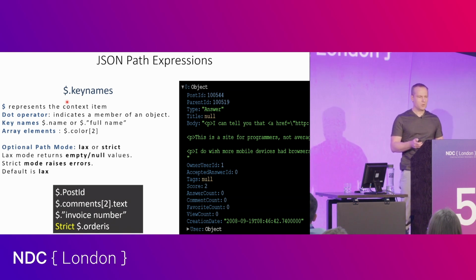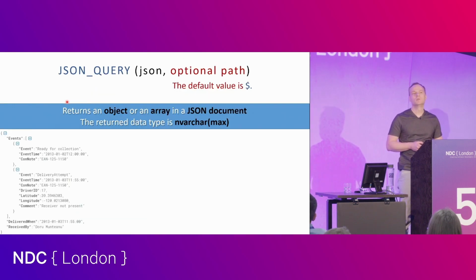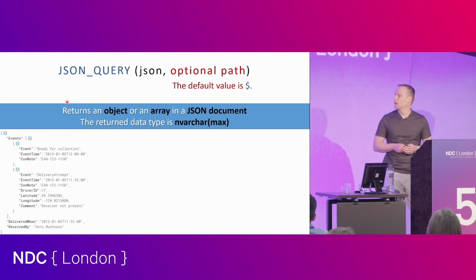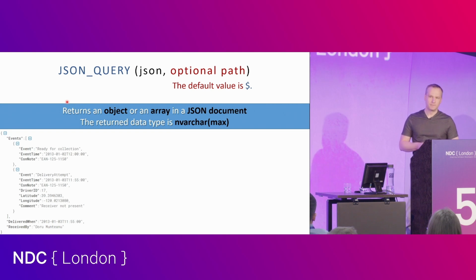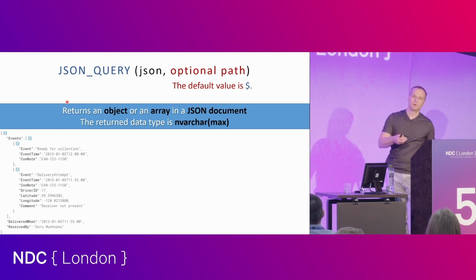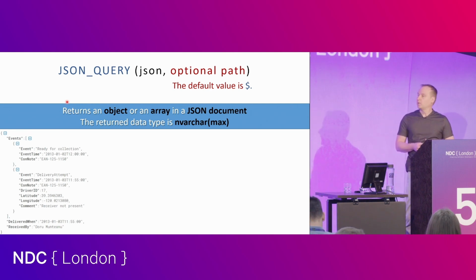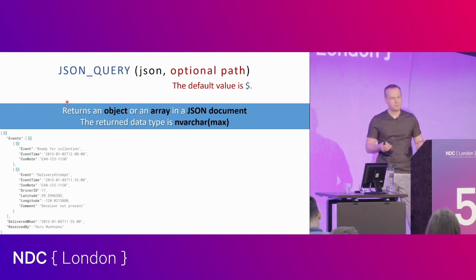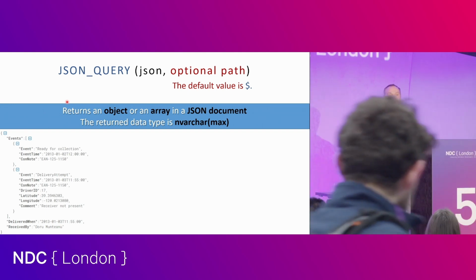By knowing that, we are now ready to look at those functions in SQL Server for JSON. JSON_QUERY is the first function, which queries the JSON document, and it returns you a JSON document from that. The default value for the optional path is $, which means that you are getting the whole content, so you are not passing any path.